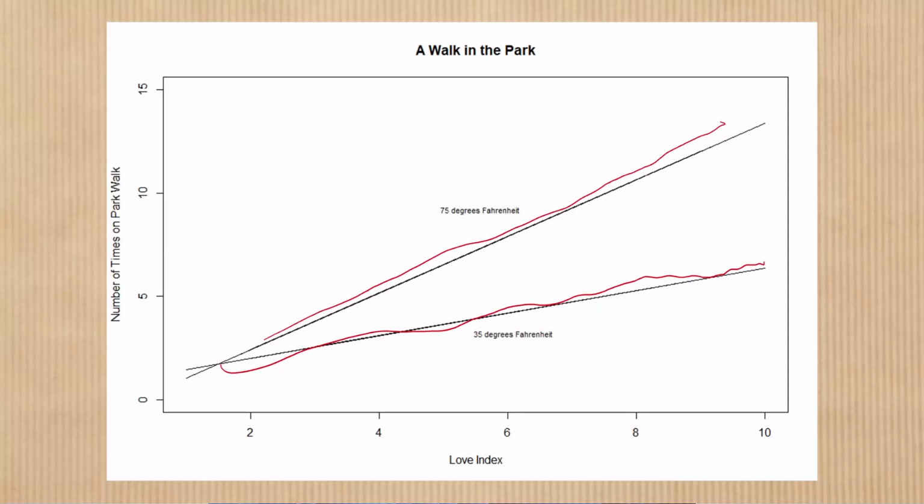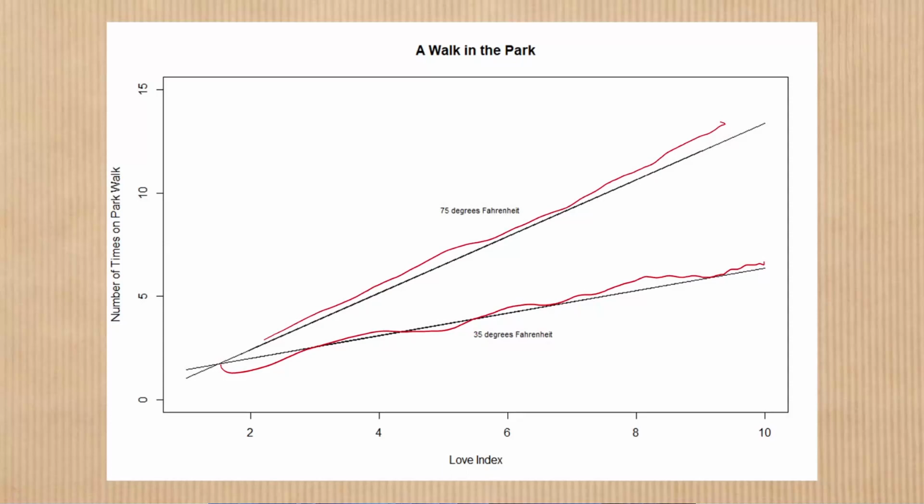It is not as great of an effect for 35 degrees as it is for 75 degrees. So if I asked you, how does the amount that the couple is in love affect the number of times that they're walking together in the park, you would answer, it depends. And I would ask, what does it depend on? And you would say, it depends on the temperature.